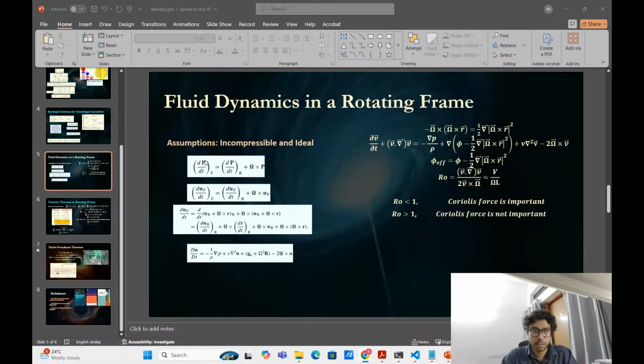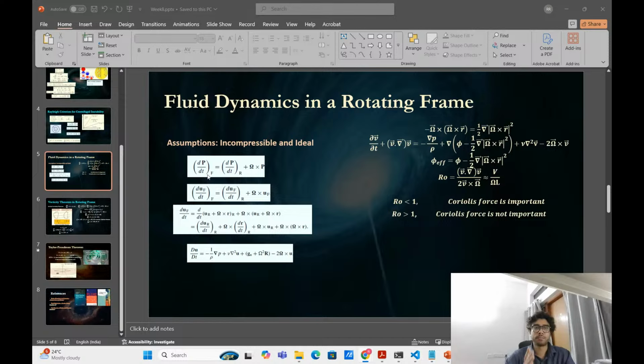It could be position or velocity or any other vector. And this subscript f represents the fixed frame, right?